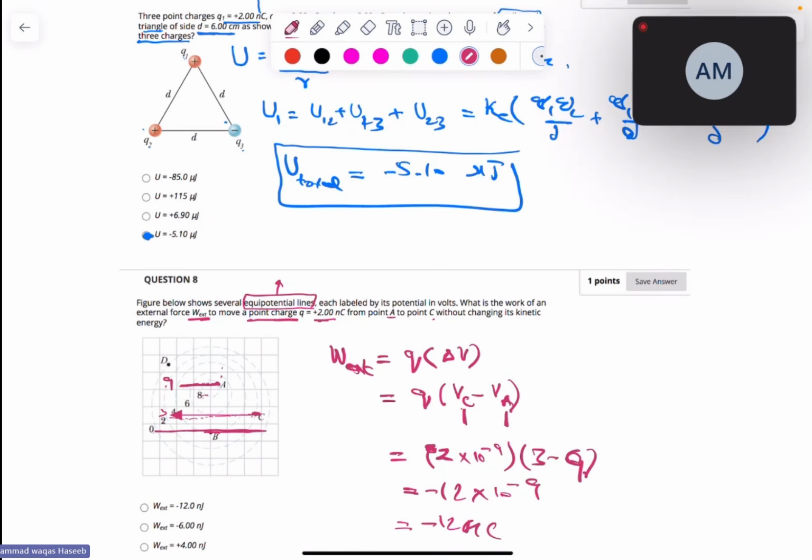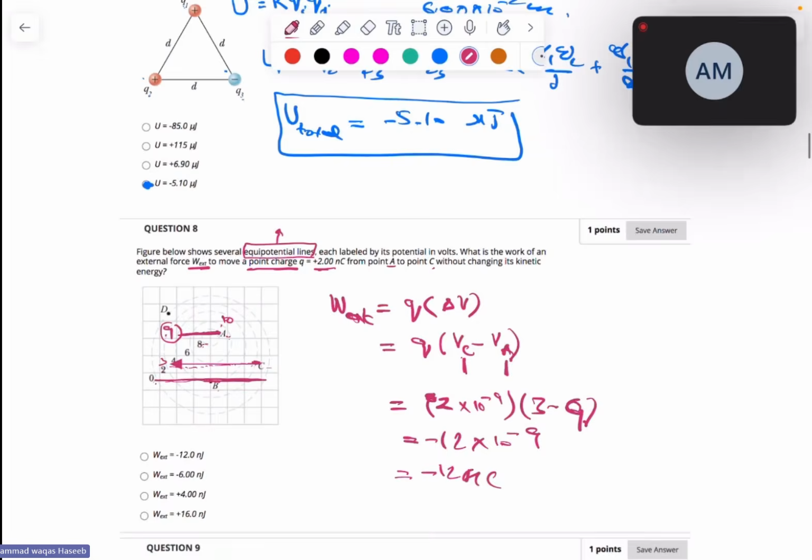So the potential over here is 9. That's how we identify the potential, and the starting potential at point B is 0. Either you can find AB, BC, CA, any point, the work done or external work done can be calculated like this.